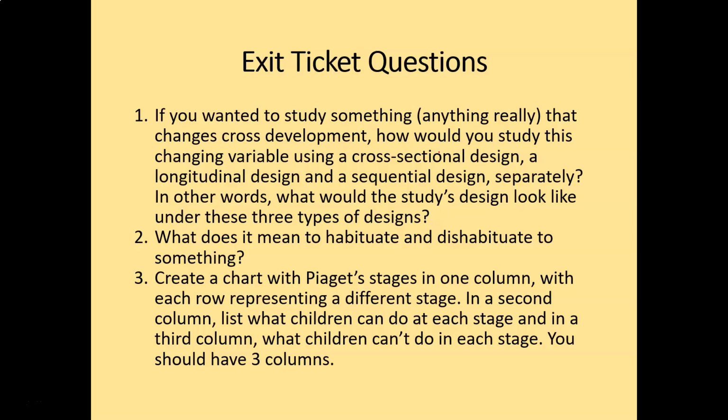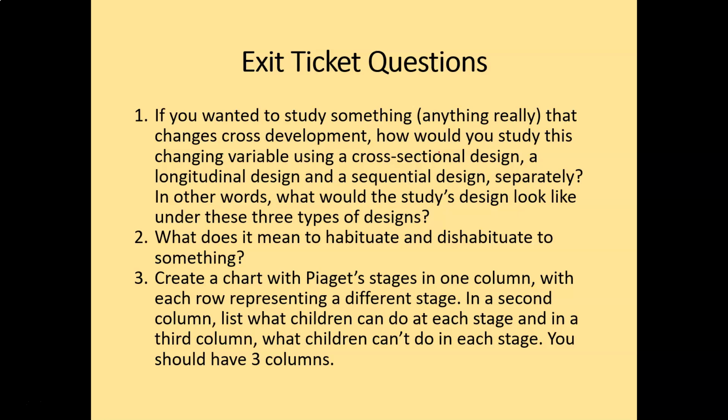Okay, so you're not going to try to combine these designs together. You're going to describe them separately, but I want you to describe to me what the study would look like if you were using a cross-sectional design or if you were using a longitudinal design, but I want you to do it for all 3 designs in your answer.